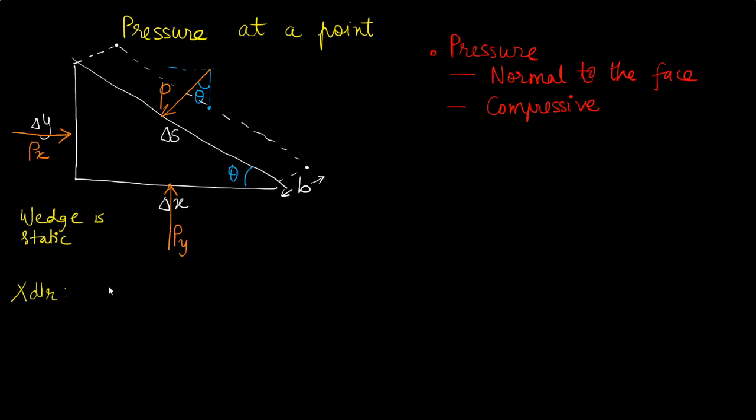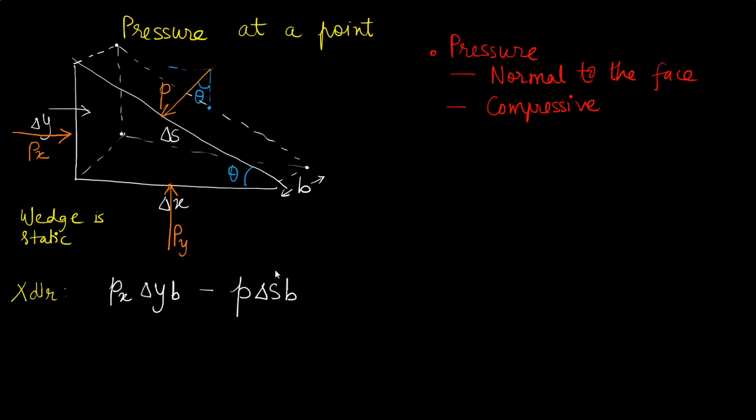So in the x direction, we have px multiplied by the area over which px is acting. So px is acting on this face, so the area of that face is delta y times b. Py is acting on the lower face, but that comes in the y direction balance. On the slant side, we have minus p times the slant area. So slant area will be delta s multiplied by b.